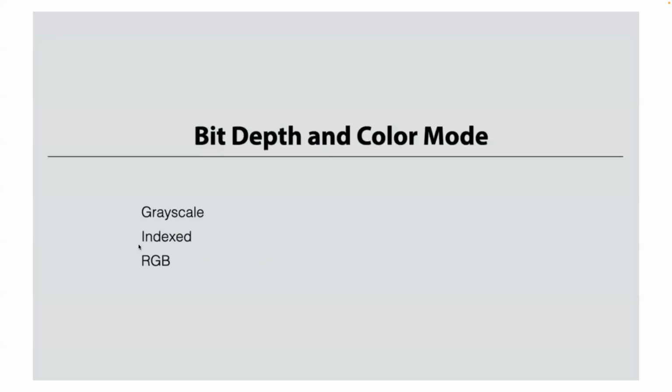Then we have indexed. Indexed is what the GIF uses. There's actually only 256 colors. It doesn't have channels like an RGB file has.